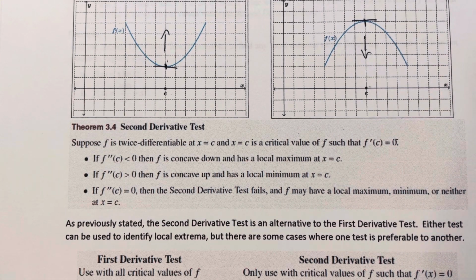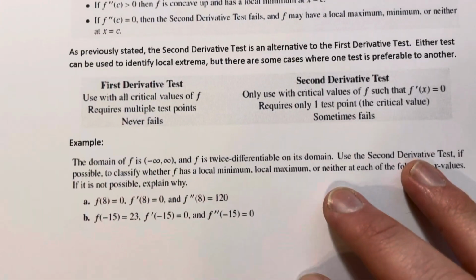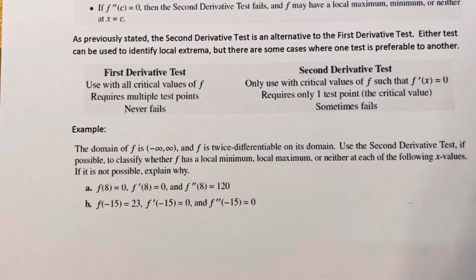Okay? Now, as I mentioned before, the second derivative test is an alternative to the first derivative test. So the first derivative test and the second derivative test both do the same thing. They both tell us whether a point at a critical value is giving me a local maximum or a local minimum, or potentially neither.